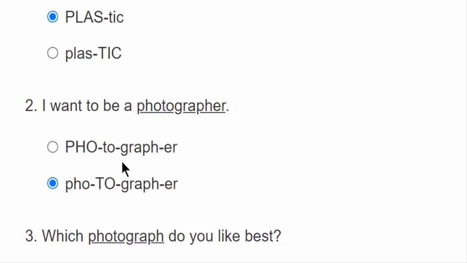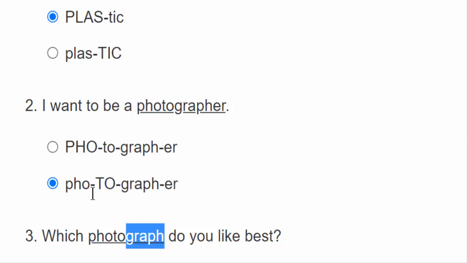I don't think we stress the first syllable, because here we have er, and if we have photograph, graph. Yeah, like photograph. So we have 1, 2, 3. So the stress is in pho. Photograph.